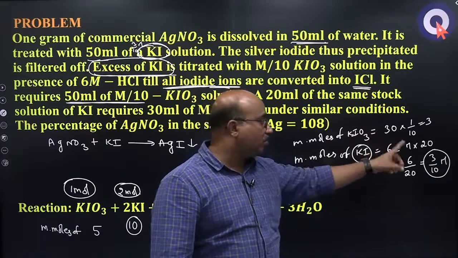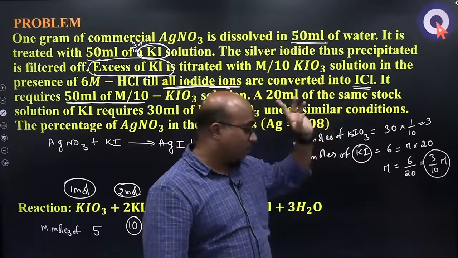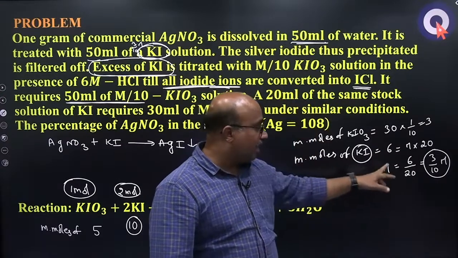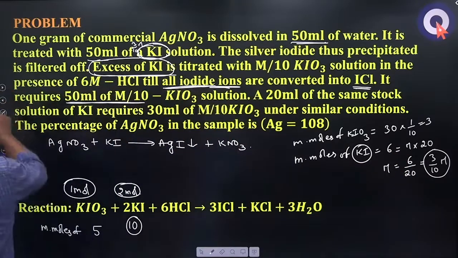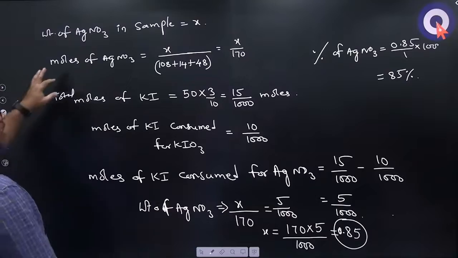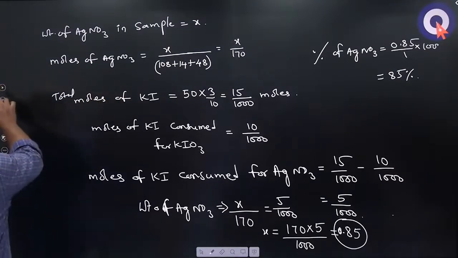That you should get from molarity into volume. 20 ml of that is taken. So we are getting the molarity of KI as 3 by 10. Clear? So then we calculated if a sample has X grams. Done. Let us see the next.